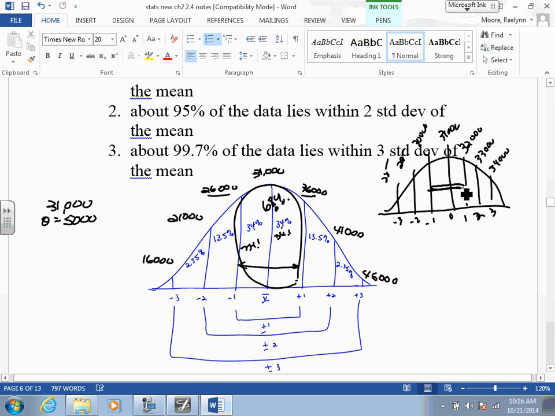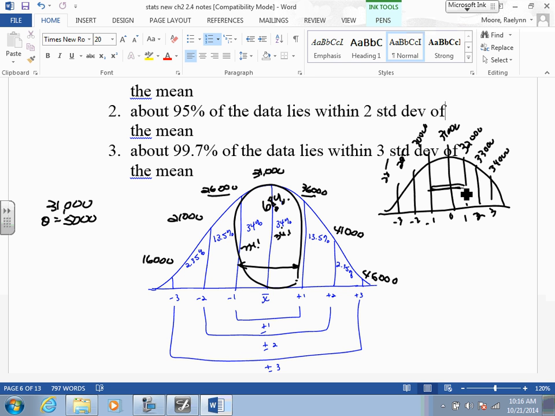Most of his employees, 68% of his employees, make between 30,000 and 32,000. That's one standard deviation away from the mean. That's normal. That's what we expect. Remember we talked the other day, we used the word unusual when it's 2 standard deviations away from the mean. Very unusual when it's 3 standard deviations away from the mean.